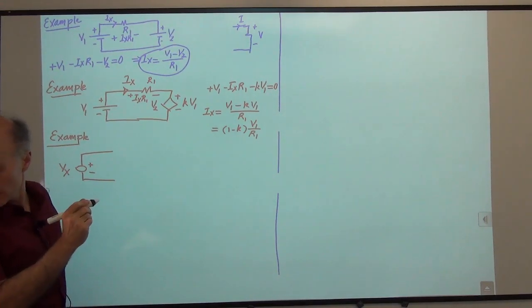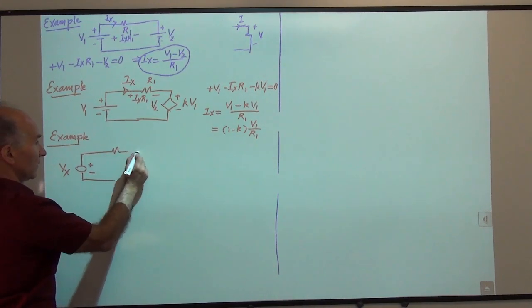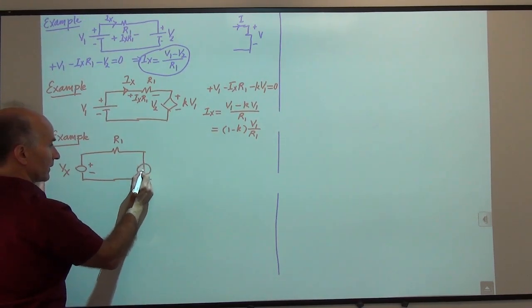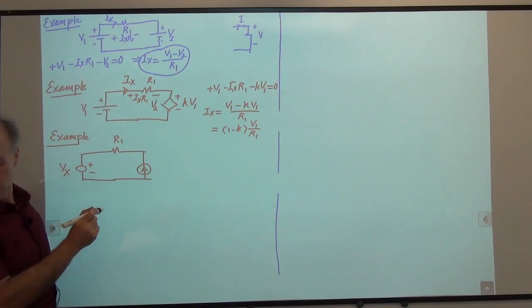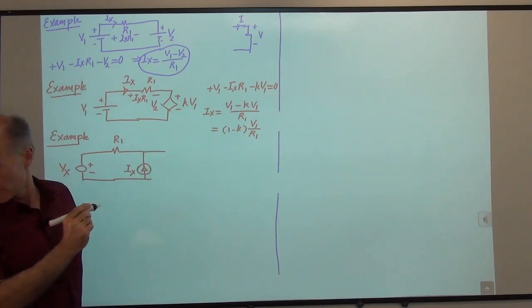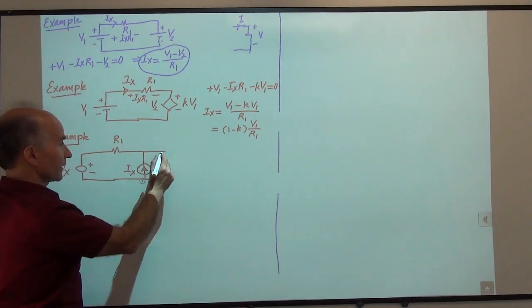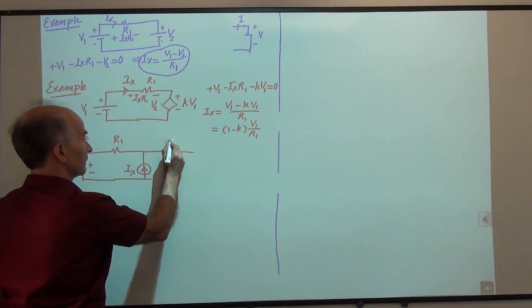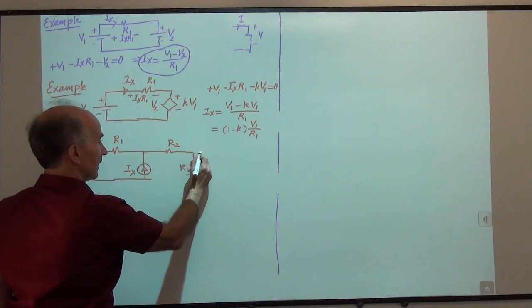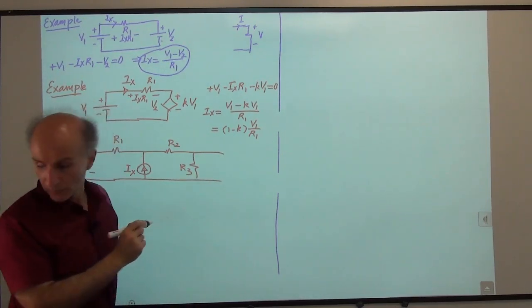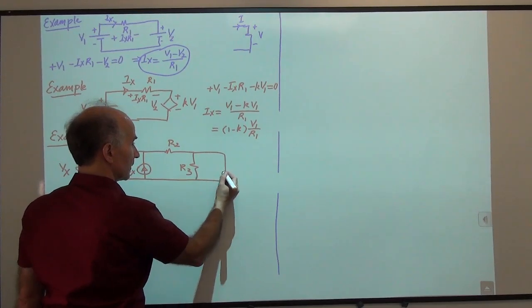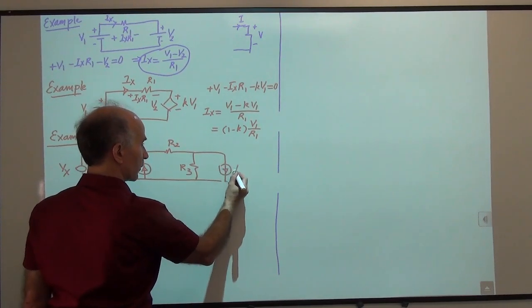And this voltage source now goes through a resistor R1. Then we have a current source, which we call I sub x. And then we have two more resistors, R2, R3. And finally, we have one more current source, which we will call I sub y.